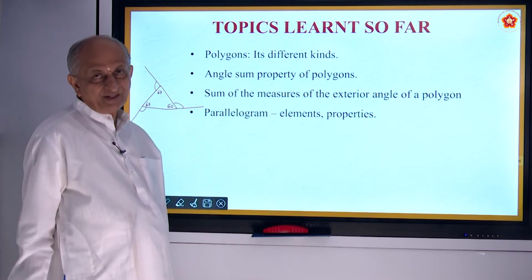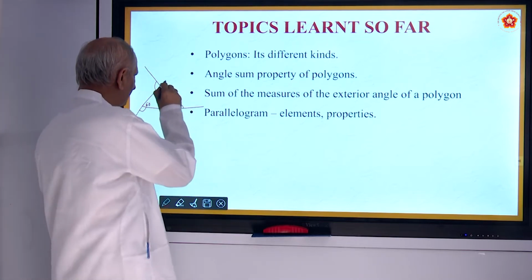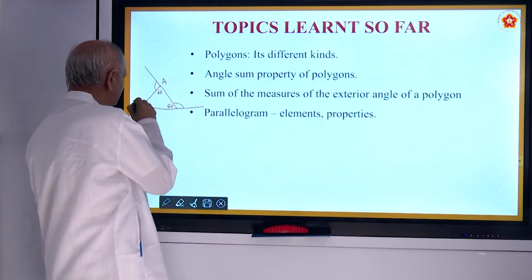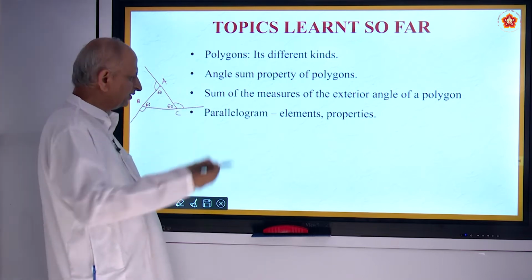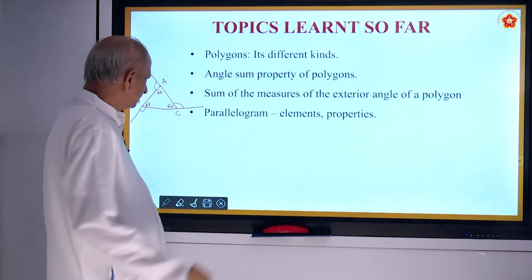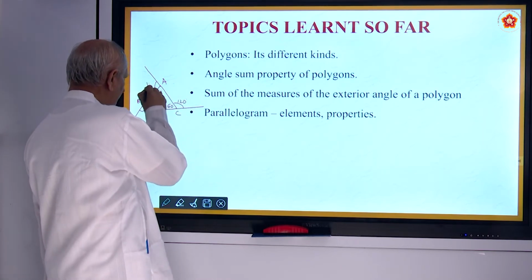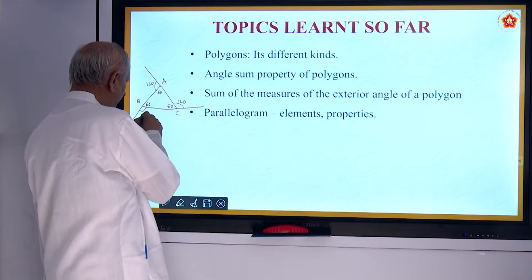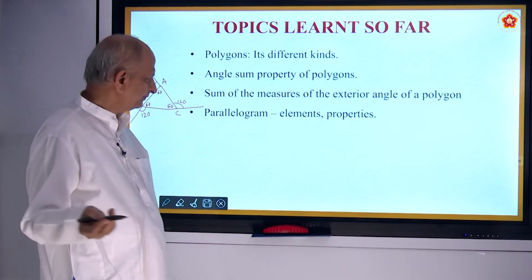What is the sum of all the exterior angles? How many exterior angles will be there? 3, correct? So, there are 3 vertices, there will be an interior angle and also an exterior angle. So, the sum of all this will be 120, this also is 120, suppose it is an equilateral triangle, and it is true for all other triangles also, correct?